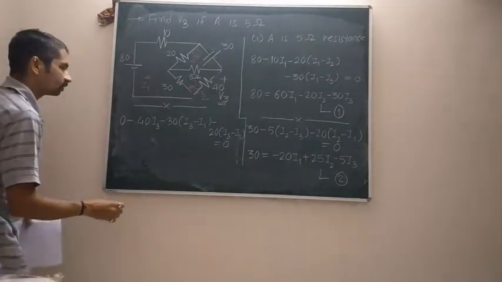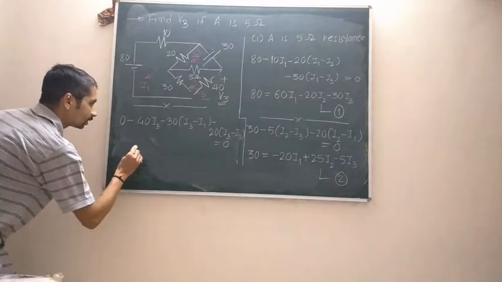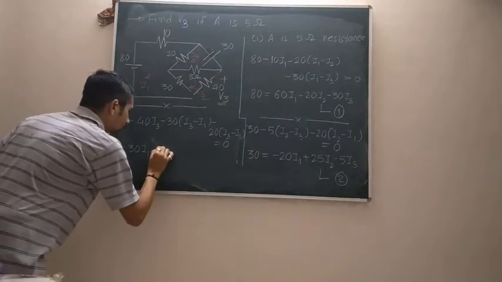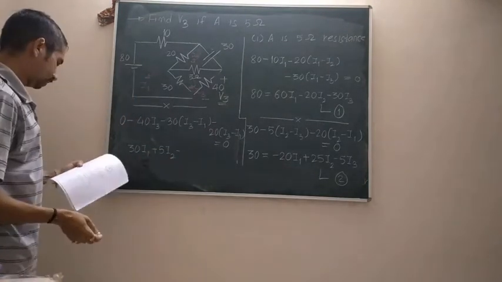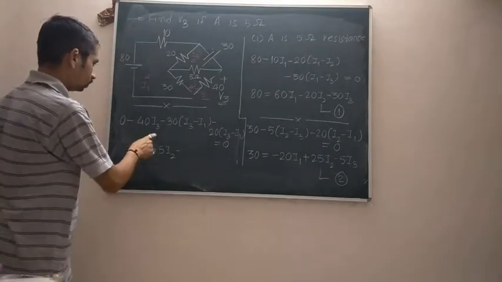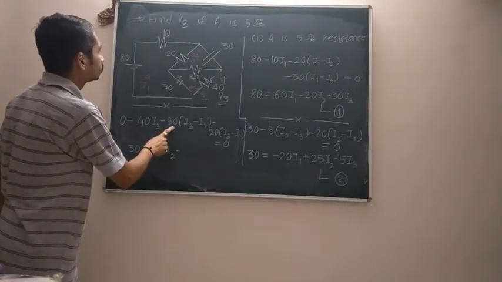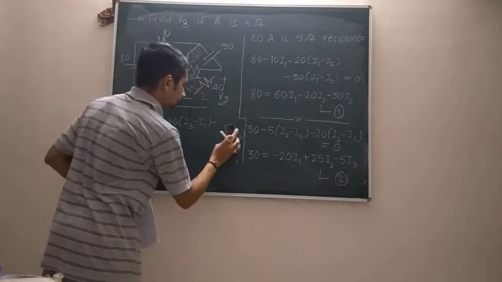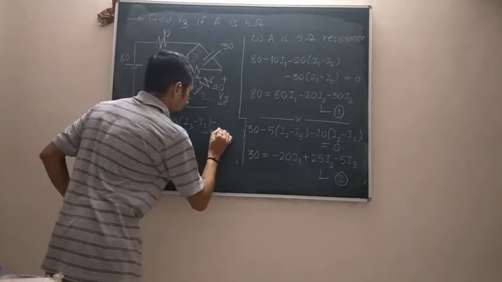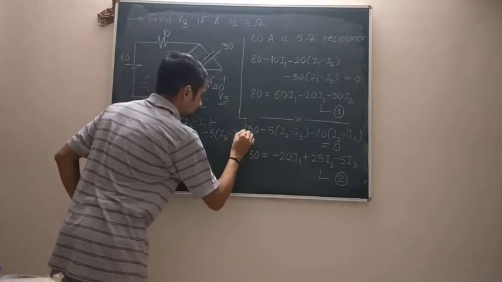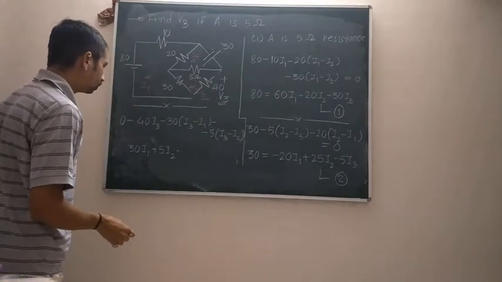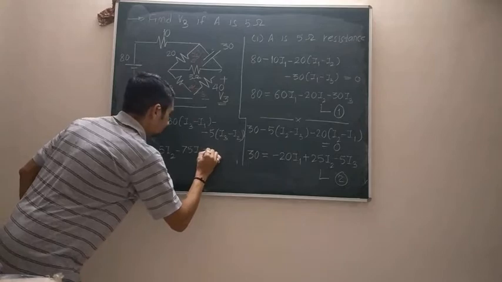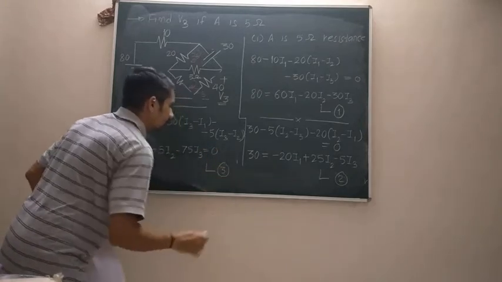So if I simplify that equation further, the resultant equation will be 30I1 plus 5I2 minus 75I3, equal to 0. I am going to call this equation number 3.